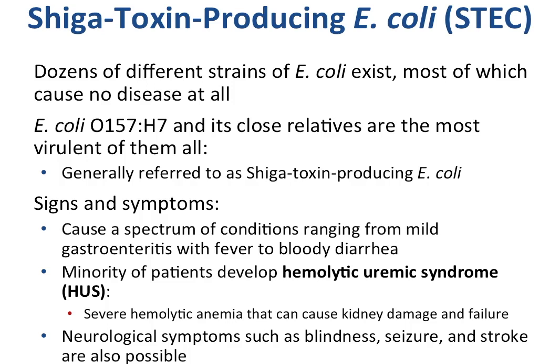So this type of E. coli can cause severe symptoms such as bloody diarrhea, okay, nausea, vomiting. It can also cause hemolytic uremic syndrome. That means the patient can have hemolytic anemia, okay, and kidney damage, so the renal failure, okay.